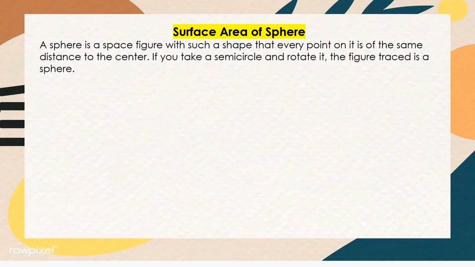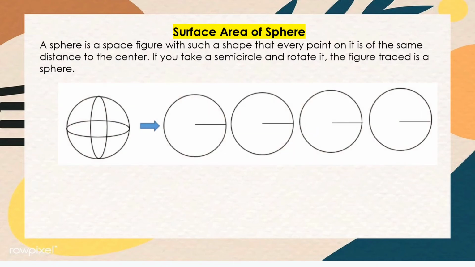We have here the surface area of a sphere. A sphere is a space figure in which every point on it is at the same distance from the center. If you take a semicircle and rotate it, the figure traced is a sphere.